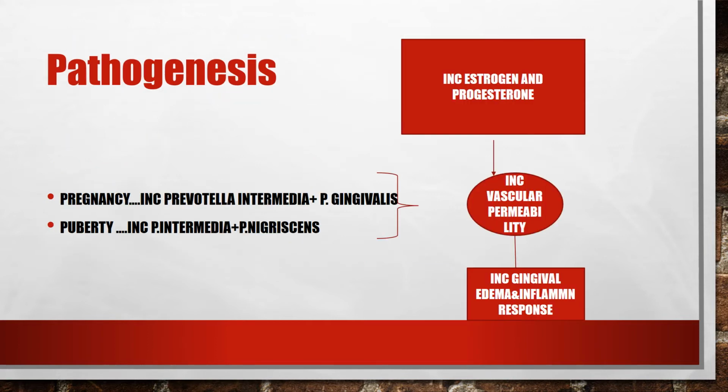Coming to the pathogenesis, in hormonal conditions there will be an increased amount of hormones like estrogen and progesterone, which are produced in greater amounts by the end of the third trimester, reaching 10 to 30 times the levels present during the menstrual cycle. These changes induce changes in vascular permeability, which leads to an increase in gingival edema and inflammatory response.